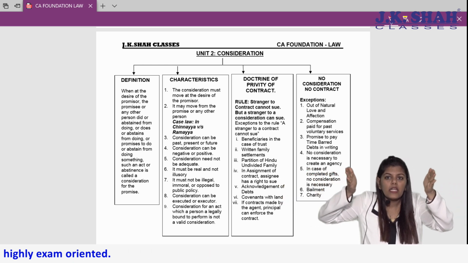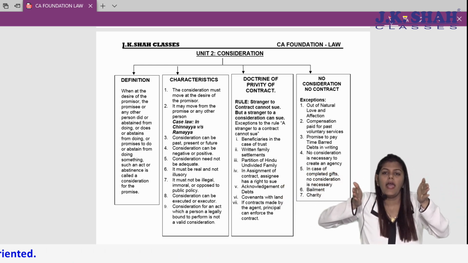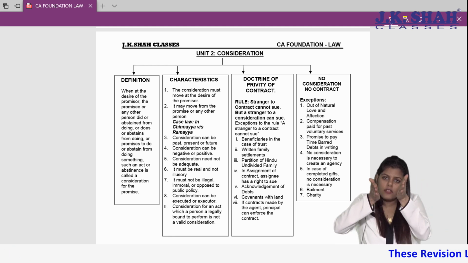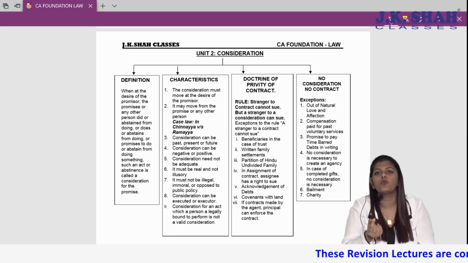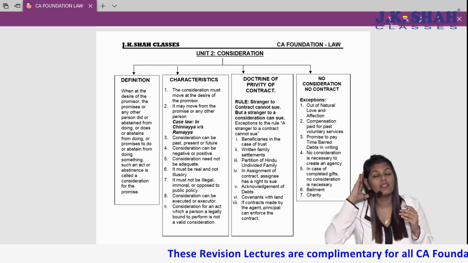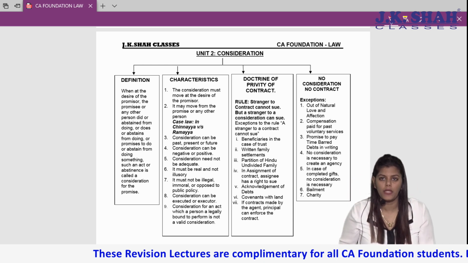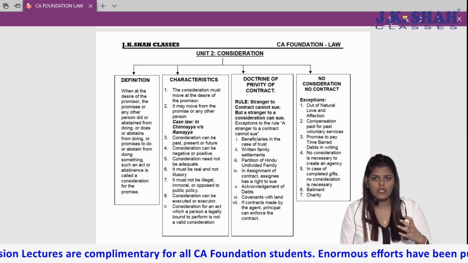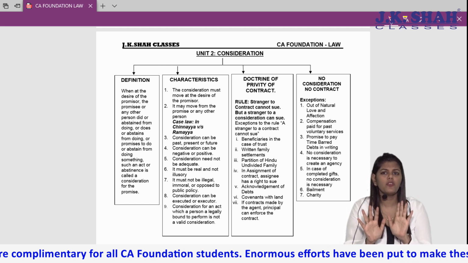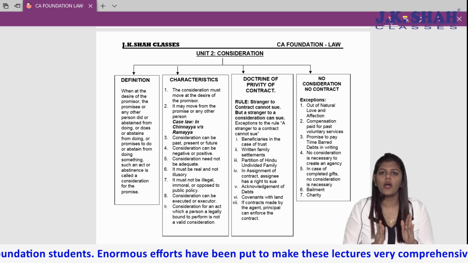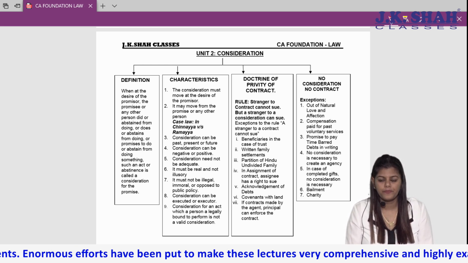In exam I recollect this much, and eventually I end up writing this much. If I read this much, I will write very little, and then I won't get marks. So you have to read the textbooks, the main theory properly. Of course, I'll be telling you what type of questions, how to present, and so on. But this is your revision of Unit 1, Indian Contract Act.